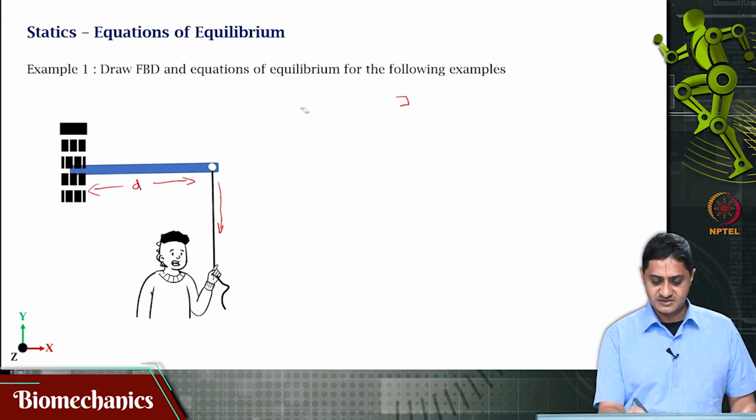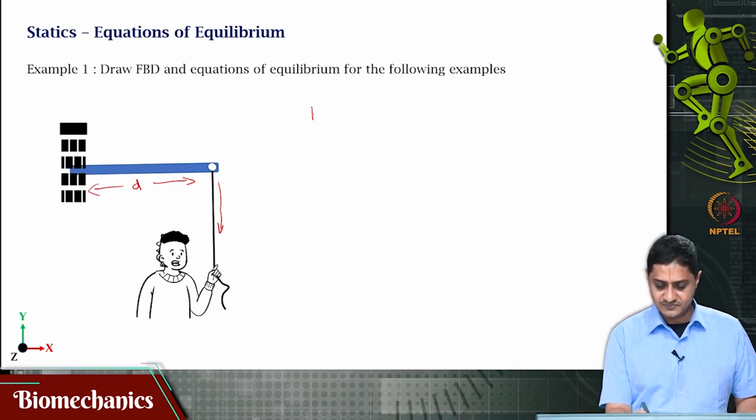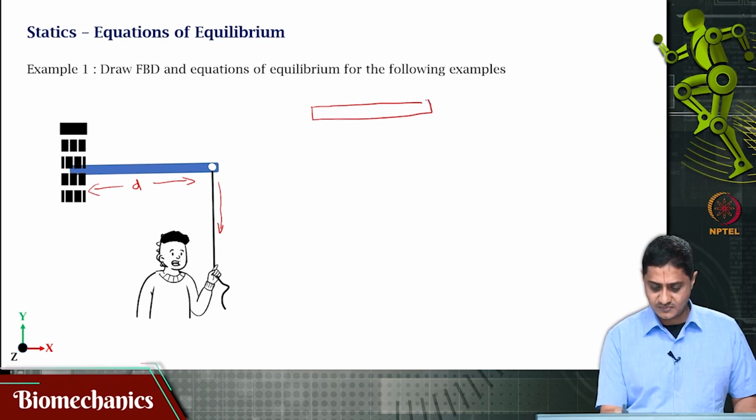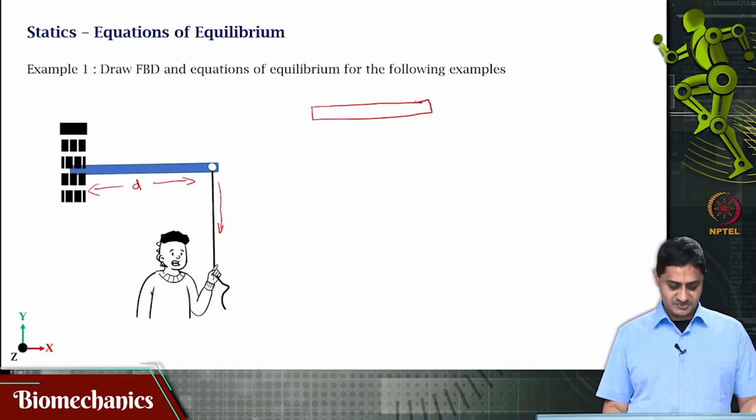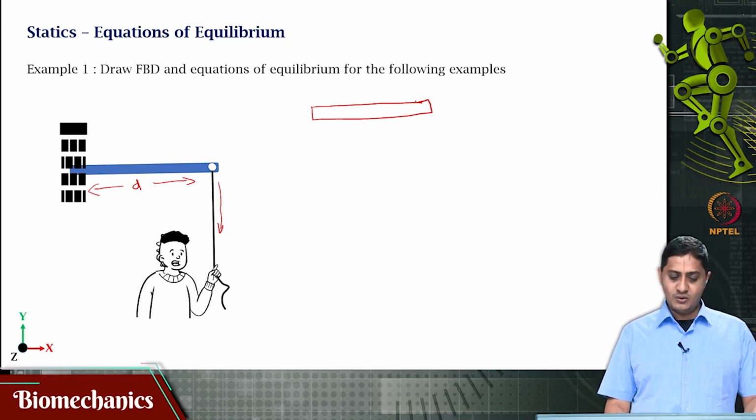Okay, let me redraw this a little bit clearer. So, this is the outline of this beam. Now, I have removed the beam from its contact. When you remove the beam from all the contacts that it is making with other external bodies, you will have to replace it with corresponding forces or moments.